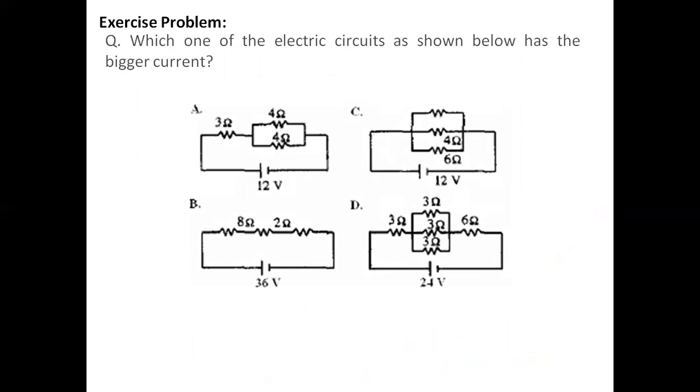Okay, so all the values, voltage and resistance, they have mentioned. Here this is a message, you just take it as 2 ohms. Okay, this one you assume that it is 2 ohms and then find the value. So find out the current value, which circuit is having more current, that you find out. Practice the problem.